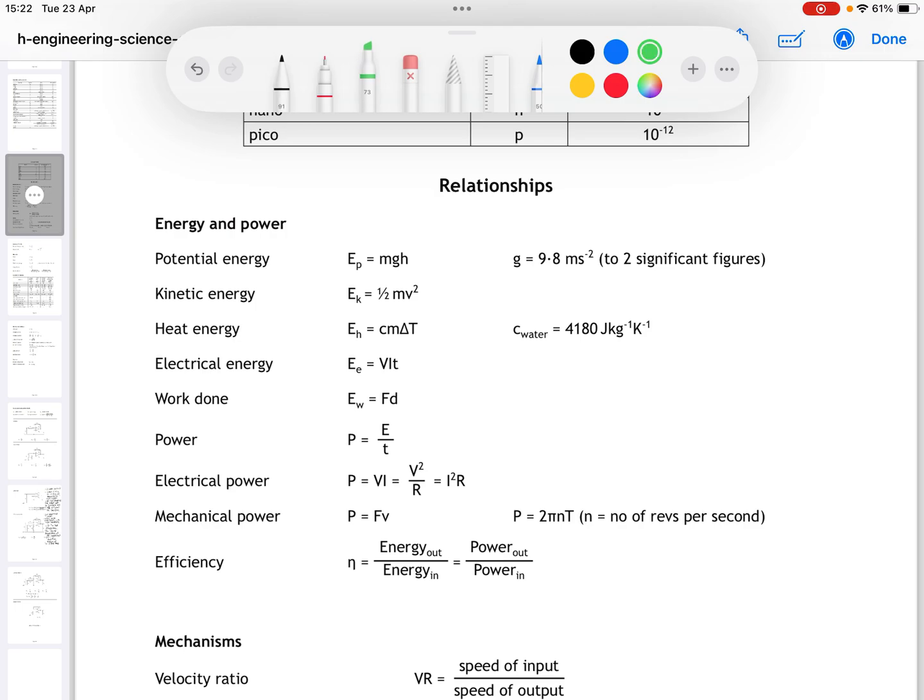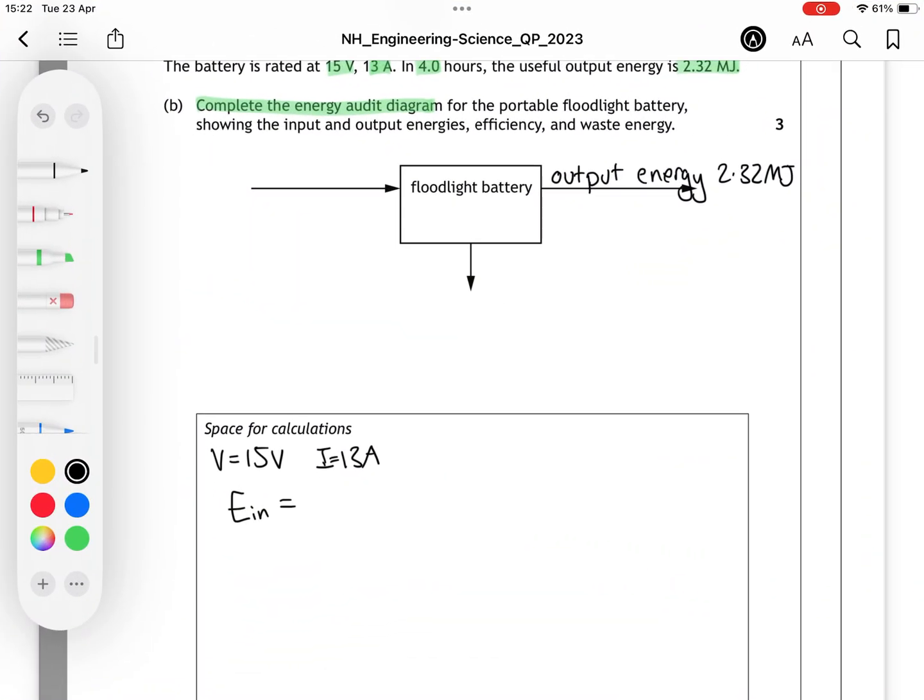Great, we can use electrical energy. So if you're not sure at any point, you can just use the data sheet. By writing down what you do know, we can see that we've got V, we've got I, and we've got T. So that gives us everything we need to know to calculate this.